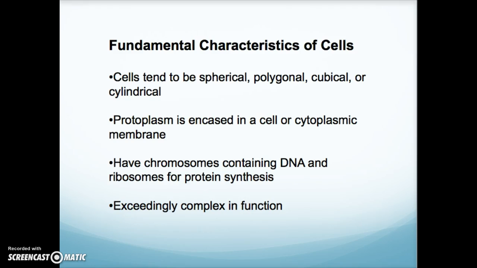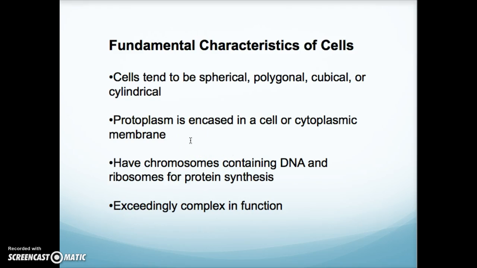So before we get into the different microorganisms, one of the things I want to talk about is the fundamental characteristics of cells. All of these microorganisms are made up of cells. All living things are made of cells. So to understand what cells are, you need to know that they can come in many different shapes. They have a protoplasm, or a viscous gel-like substance that's encased in either a cell or cytoplasmic membrane.